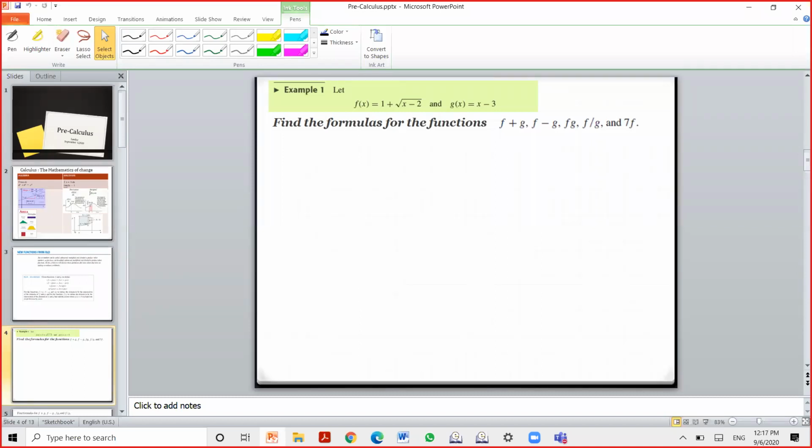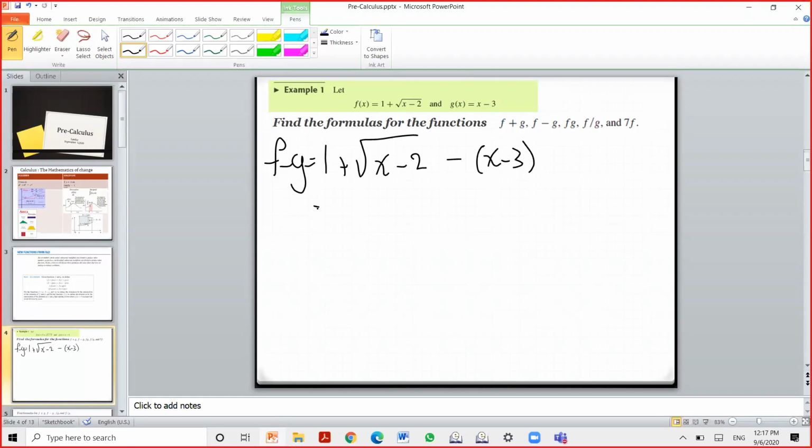Now, as we did before, if we have f minus g, it will be 1 plus square root of x minus 2 minus x plus 3. 1 plus 3 is 4.